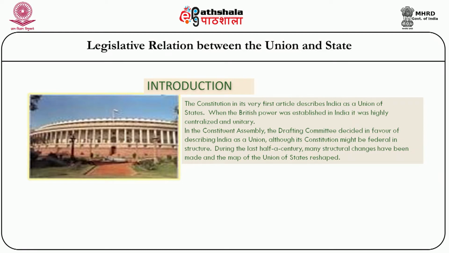And you know that in the Constituent Assembly, the drafting committee decided in favor of describing India as a union, and during the last half century many structural changes have been made and the map of the union of states has been reshaped now.